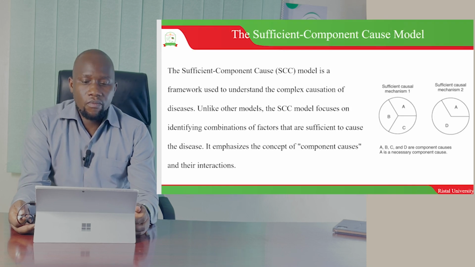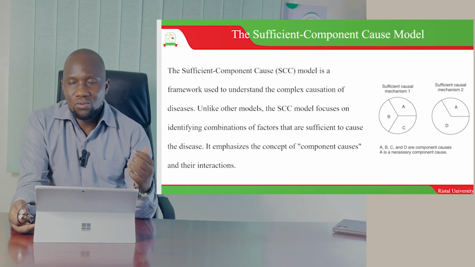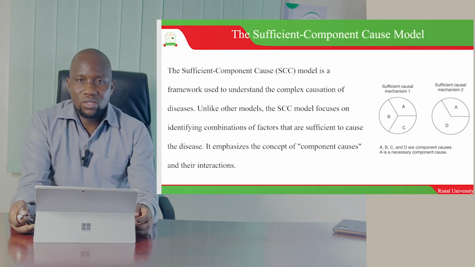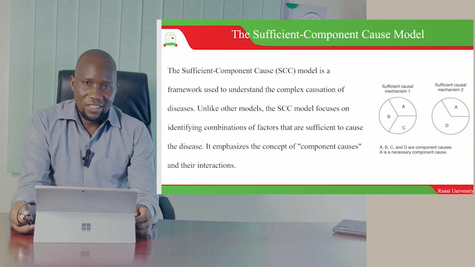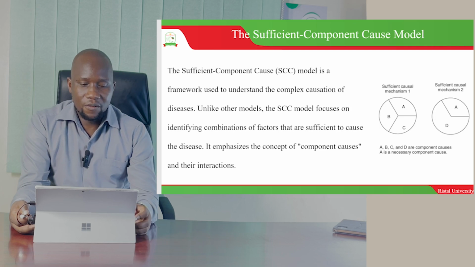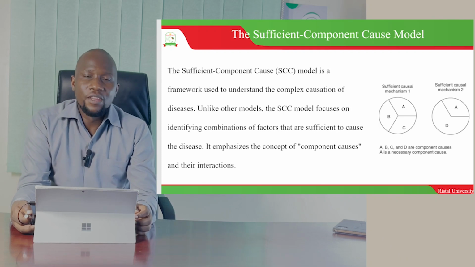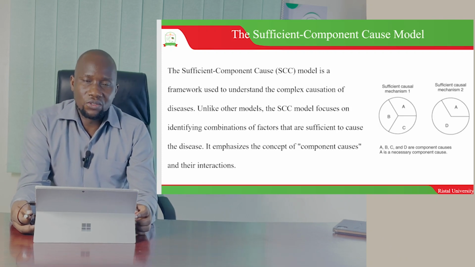Now, this model called the sufficient component cause model brings us back to what we earlier looked at. When we talked about the necessary cause, when we talked about the sufficient cause, it takes us back there. So let's look at this. The sufficient component cause model is about knowing that you still refer back to different factors combining to result in a particular disease.